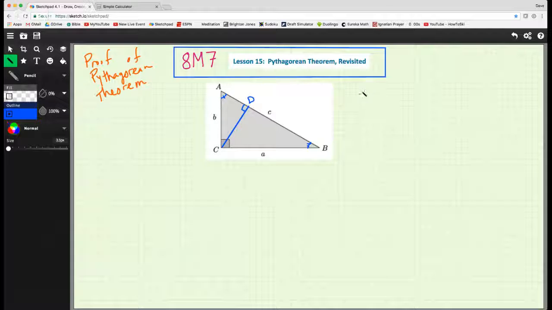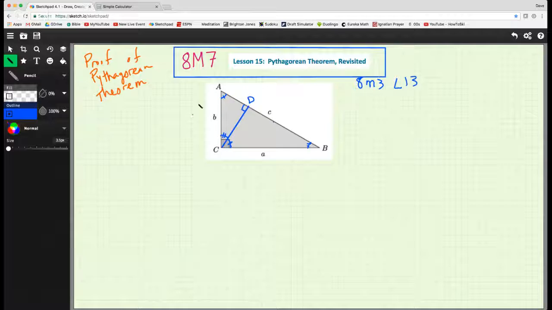And we do this proof again in 8M3 lesson 13, where I go on to really explain to you and highlight how you can show that these angles are the same. Angle A and angle DCB have to be the same angle, and then angle ACD, this one, and angle B have to be the same angle.